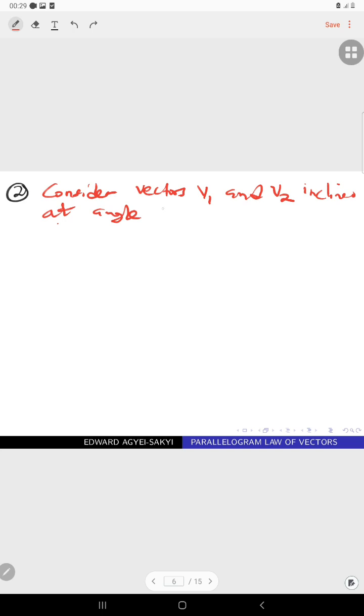Okay, angle alpha. I've already used alpha, so let me use beta. Where beta is greater than 90 but less than 180.